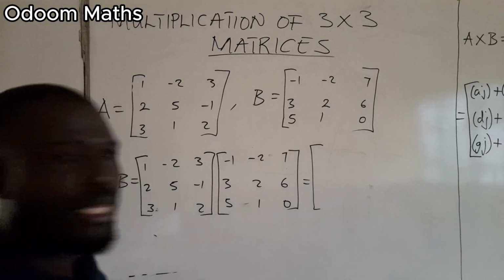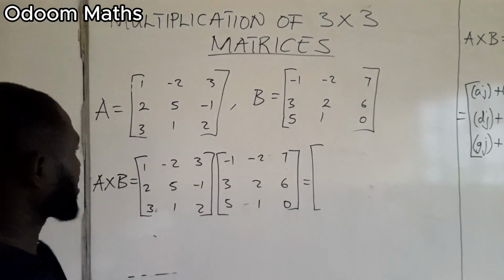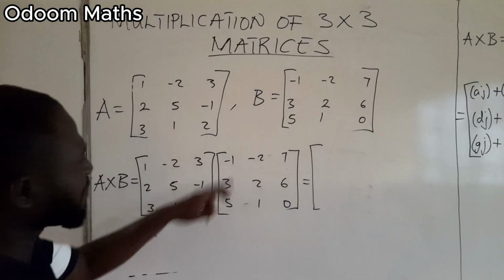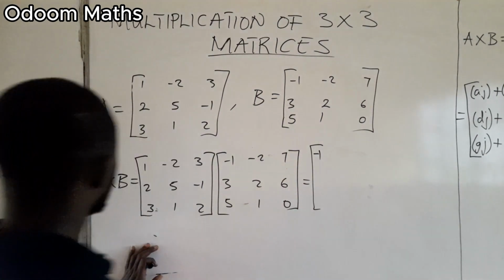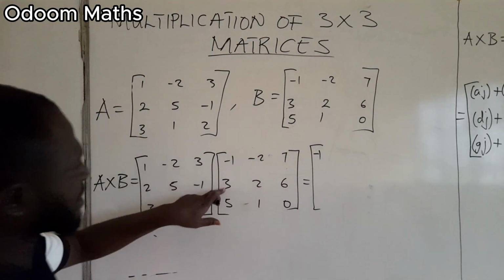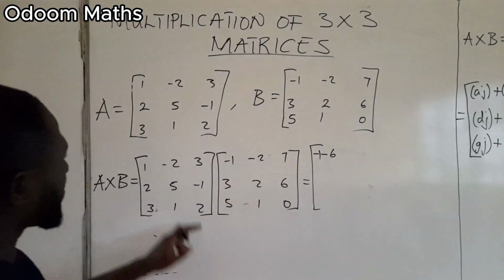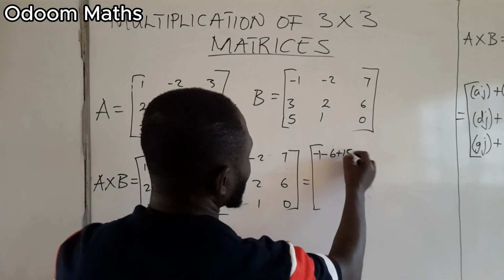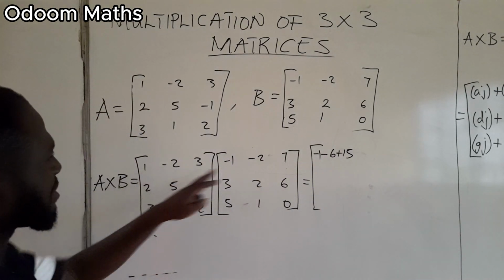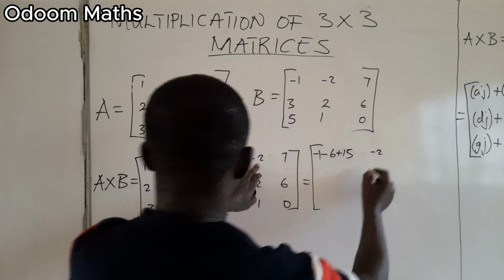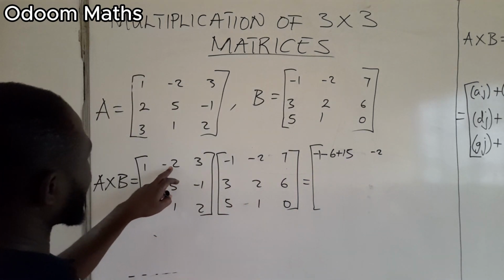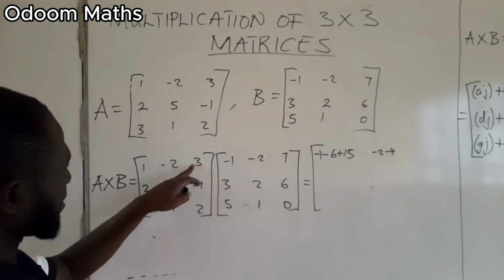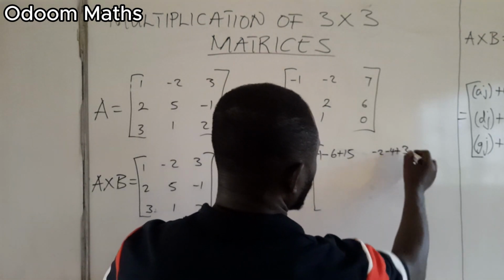Okay, so let's use the approach to multiply these two matrices. 1 times negative 1 is negative 1, plus negative 2 times 3 is negative 6, then plus 3 times 5, which is 15. Then 1 times negative 2 is negative 2, plus negative 2 times 2 is negative 4. Then plus 3 times 1 is 3.